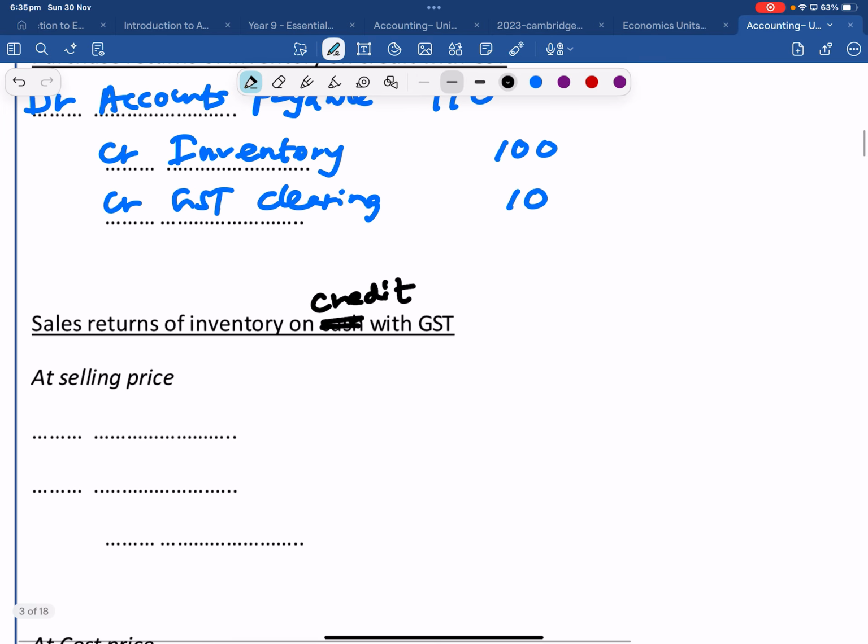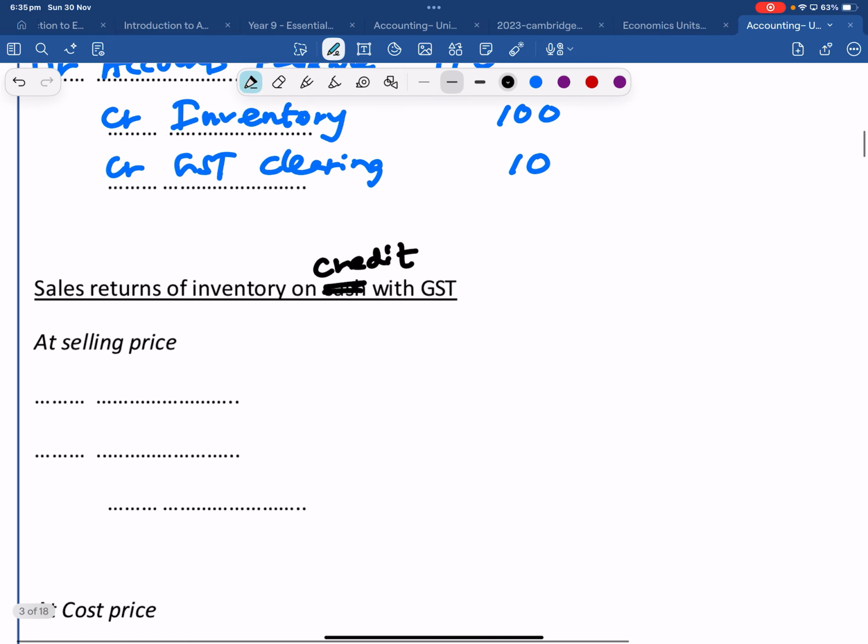Sales returns of inventory on credit with GST. So then what happens? At selling price it is the reverse. What is the reverse? You debit sales, debit GST clearing, and credit accounts receivable.